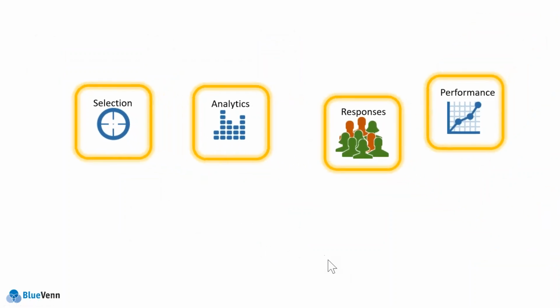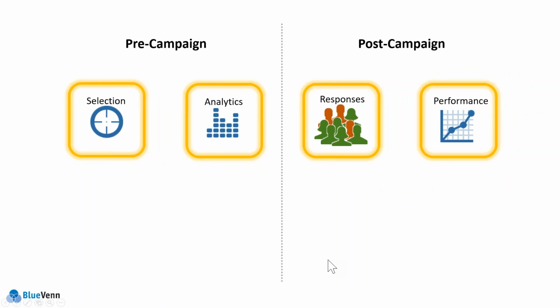Separating these four key areas into pre and post-campaign analytics, we can improve our insights across the board, both for the same proposition which is being rerun, and also to inform every future proposition or message that we want to actually send out. This is all manual work, by the way.